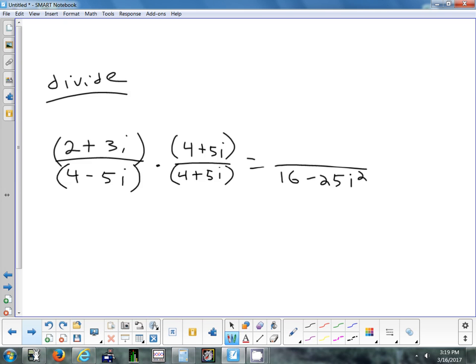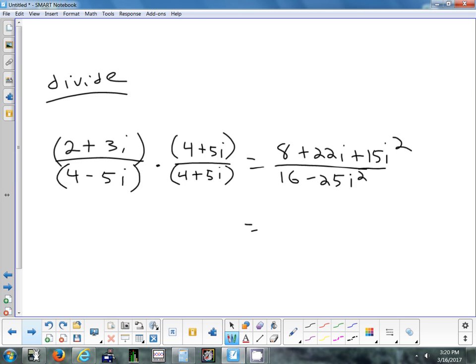Now when we FOIL the top, what do we get there? 8. So we get a 10i and a 12i. What's 22i? And 15i squared.